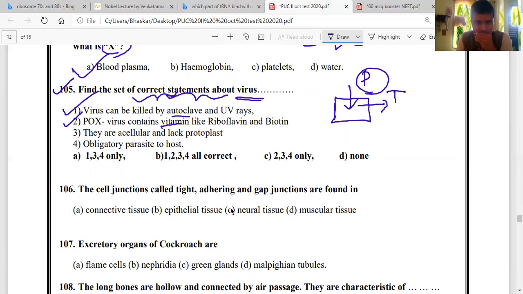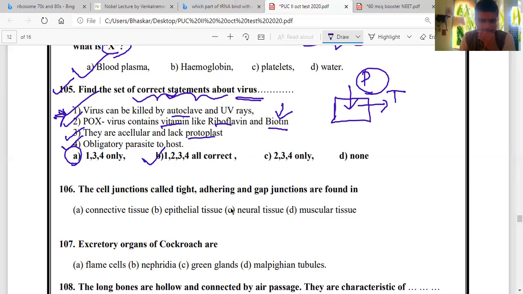As per research, yes, this is also true that some viruses may contain some vitamins like riboflavin and biotin. Research is going on why these things are present, and they are acellular, that is true, and lack protoplast, yes, and they are obligate parasites. That is, all of the options are correct. Many of you will try to choose 1, 3, and 4 because you will feel that this option is not correct, but that is totally based on NCERT.